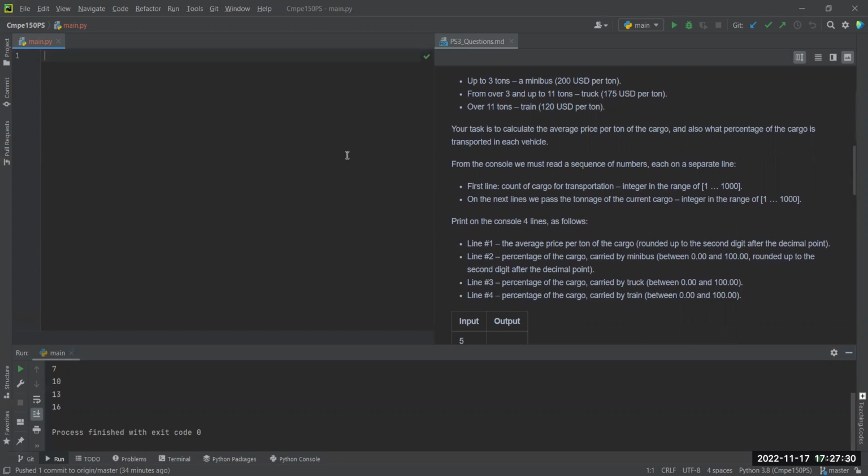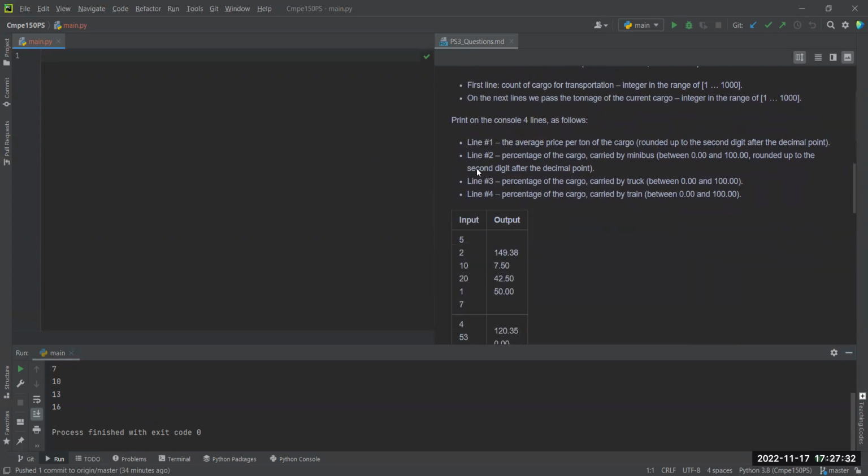So I will be collecting my inputs just like that. The first line of our input should be the number of cargo, as you can see, 5, and there will be 5 more lines to take the weight of each cargo. So I am starting by defining a variable n, which represents the number of cargo here.